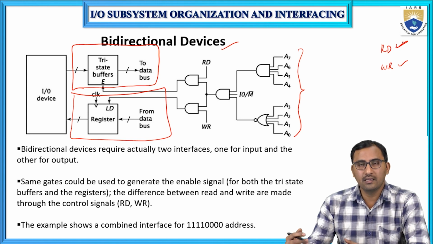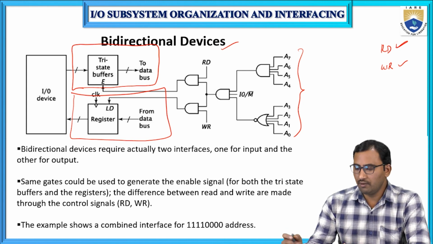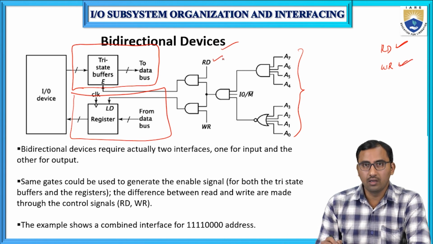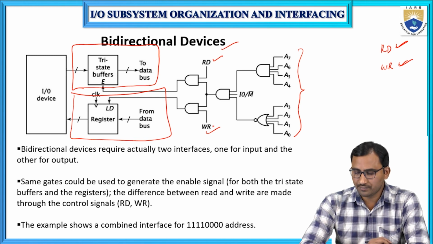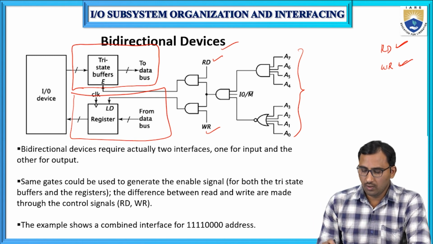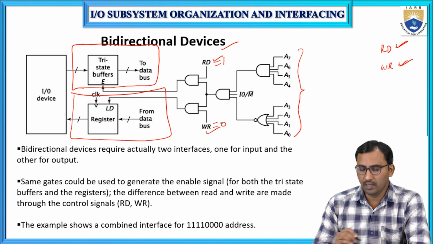When we treat the device as an output device, we perform the write operation. That's why both the read signal and write signal are mentioned. When we are performing a read operation, the read pin should be 1 and the write signal should be 0.